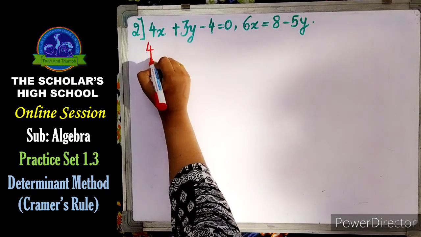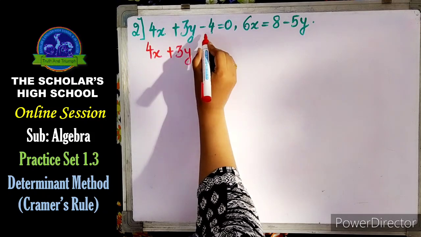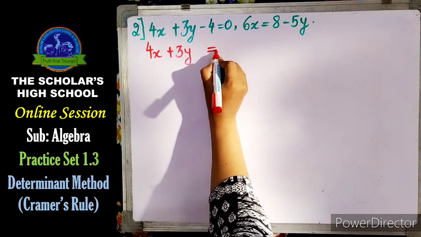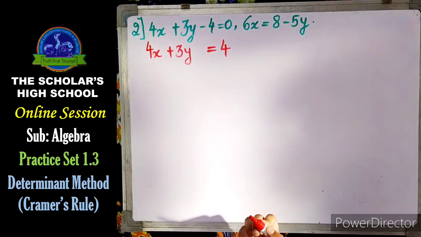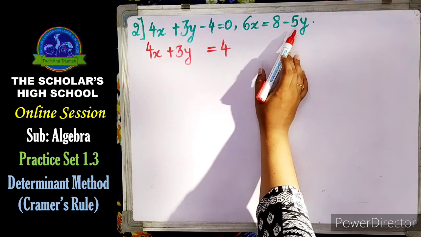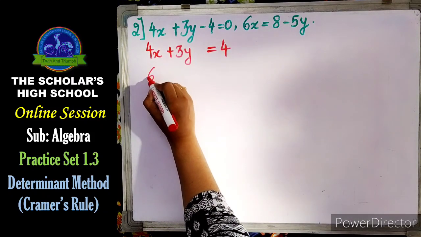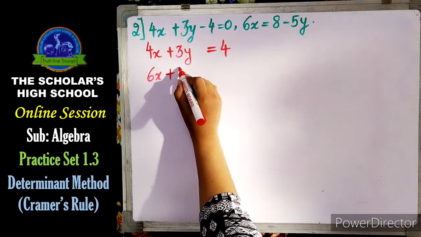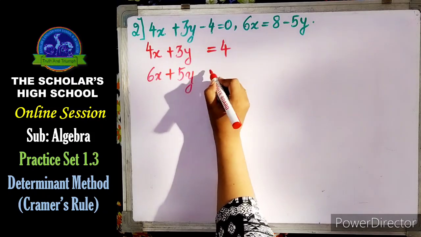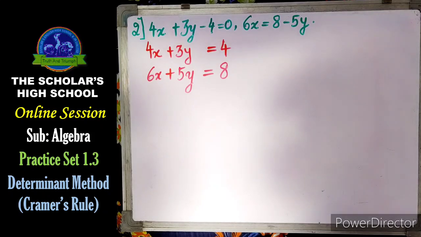So here it will be 4x plus 3y minus 4 will go on that side and it will become plus 4. So your first equation is arranged. Now in a second equation you will see minus 5 is on that side, we have to bring it here. Minus 5 will become plus 5. So 6x plus 5y, 8 is already on that right hand side, so 8 will remain same.